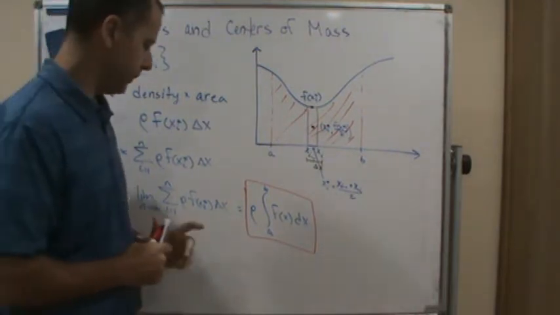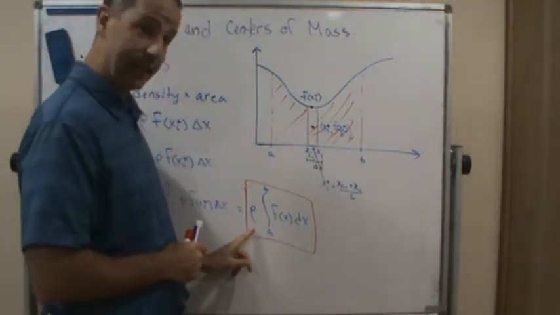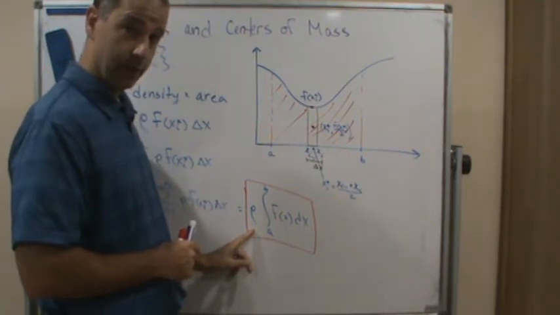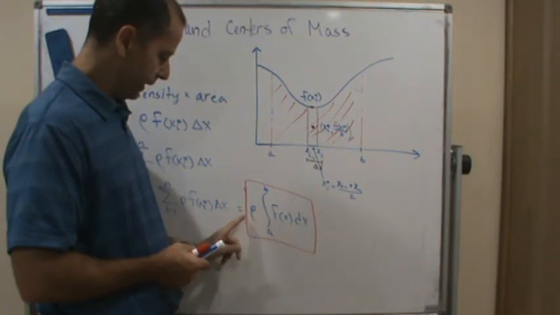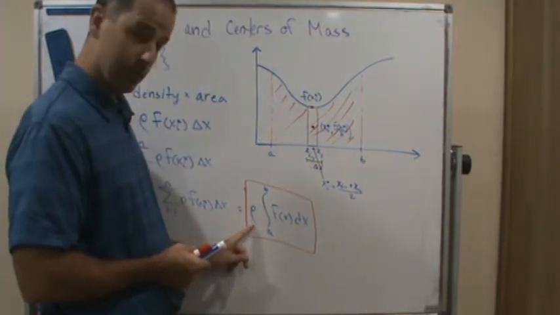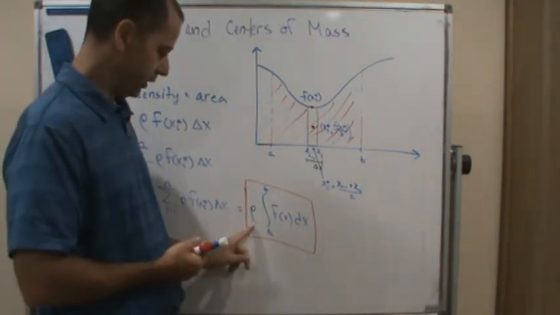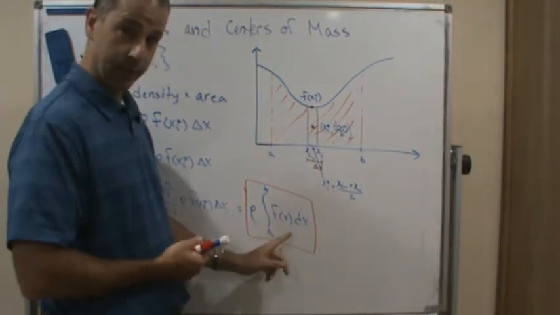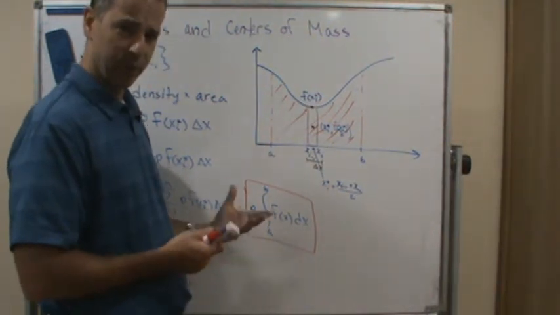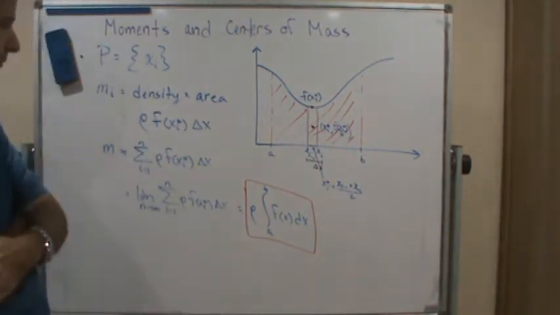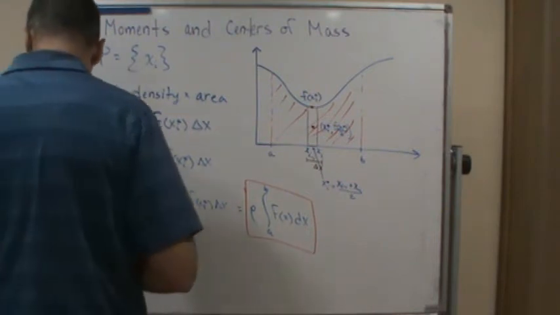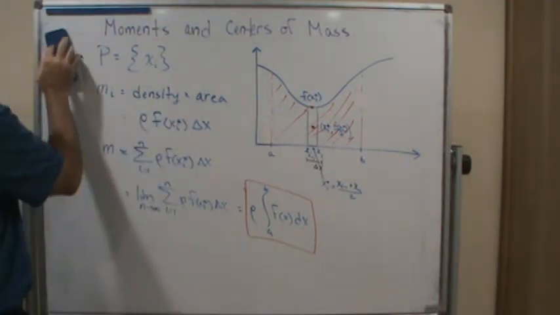Now, keep in mind that if we didn't have the assumption of uniform density, then this would not be a constant, and so this would be represented by some density function, and then we would have to deal with that as well. But we might get to that later. But at this point, this is what we have. And again, this is the first piece. Okay, now let's do the next piece.